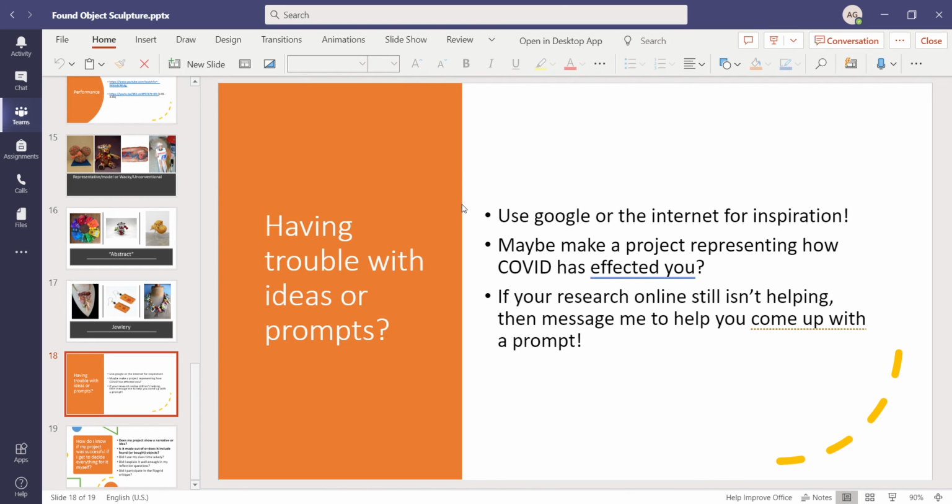If you need a prompt, maybe use something like make a project representing how COVID has affected you. Or maybe what's a memory you really enjoy, or something about your life you dislike. Really any sort of question you want to answer with your art. If your research online still isn't helping or you can't think of anything, just message me and I will happily help you come up with something.